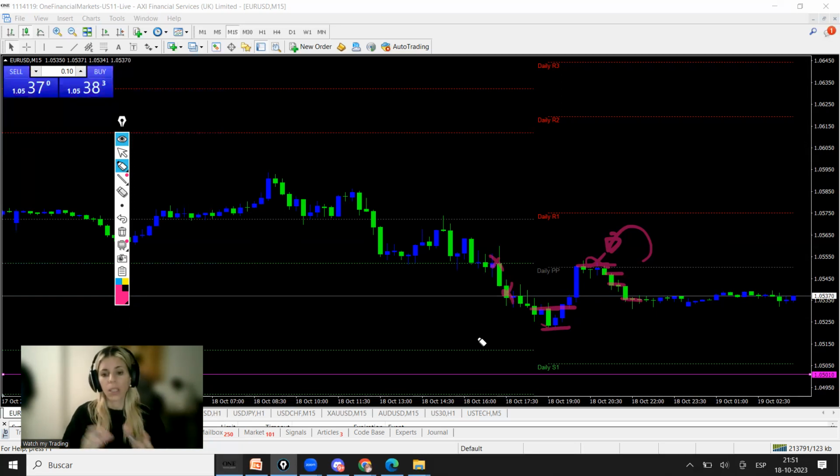Now, if Europe and the US open for buyers, meaning open interest, and it keeps pushing even higher for the rest of the day, then yes, you can trust the buyers there.